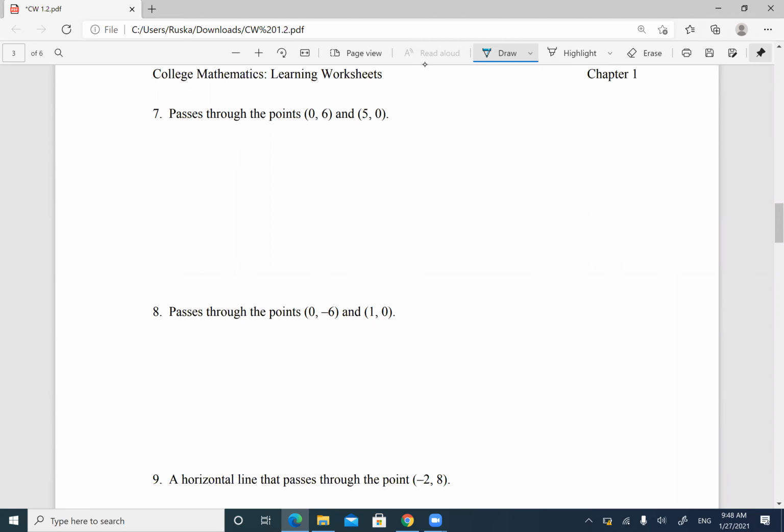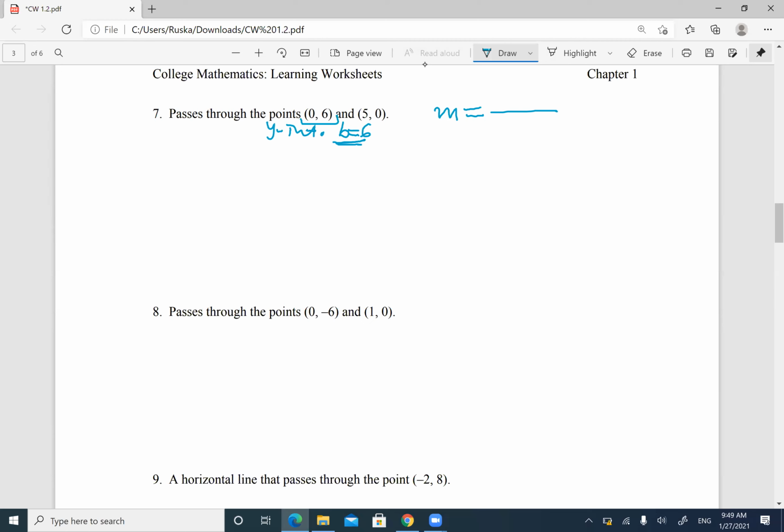First you need to find the slope. And 0, 6 is my y-intercept, right? So that tells me that b is given. b is going to be 6. But I need to find the slope.